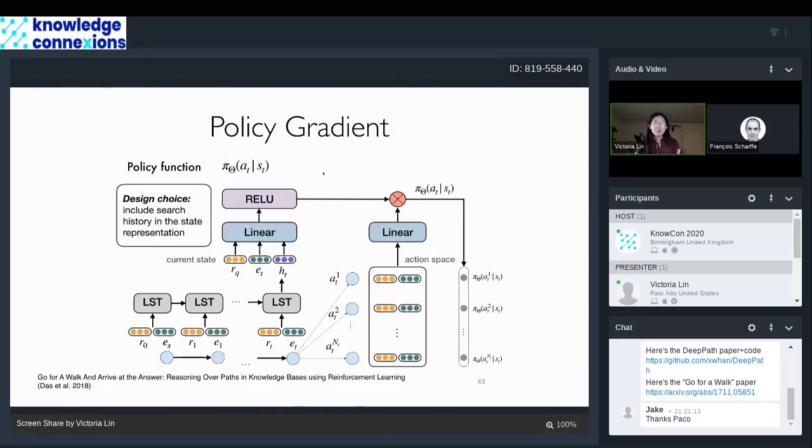And for the action space, similarly, going from my current entity e_t to the next state, the action is defined by the edge label we need to traverse and the entity that it takes us to from that edge. So we concatenate the edge label and the entity representation as an action representation. And combining the representations from these two sides, the policy network can output a distribution over all possible actions. So pi theta is a distribution function, and over all the potential actions, the values sum to 1. It's a probability distribution.